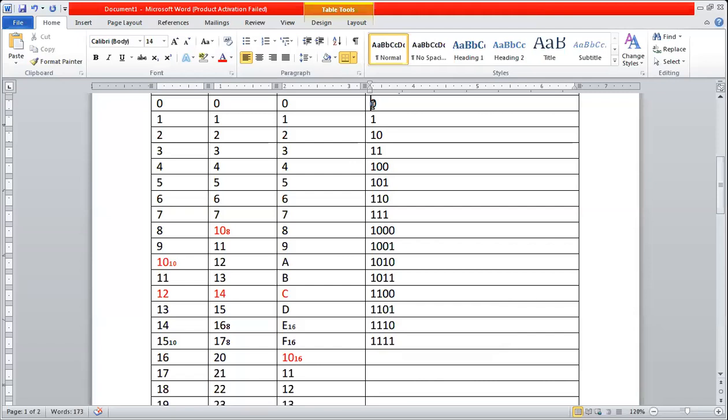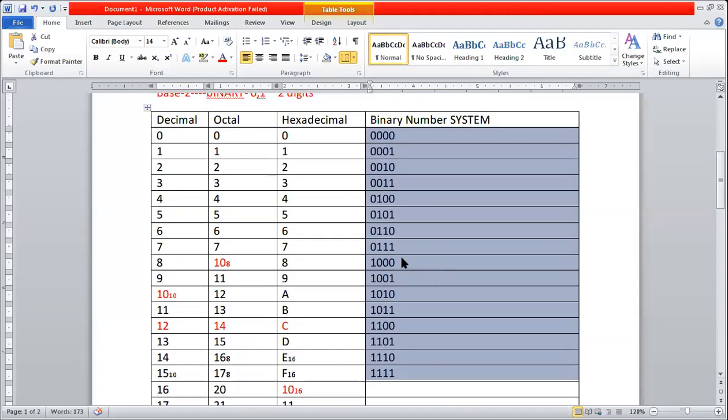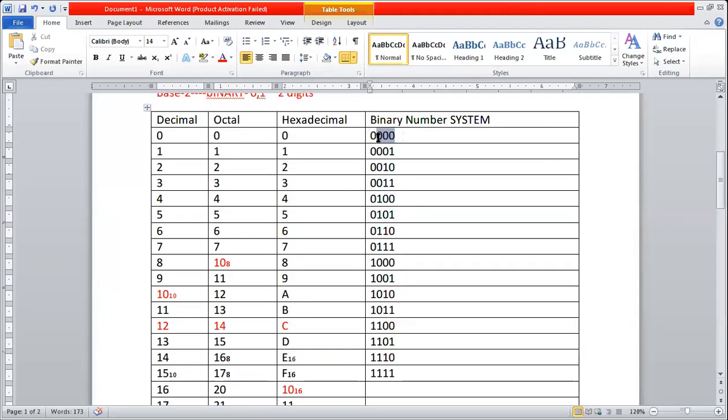Okay, so I will make this 0000. I will add 000 for these leading zeros. Now it is completely a 4 variable binary number. How many variables are there?